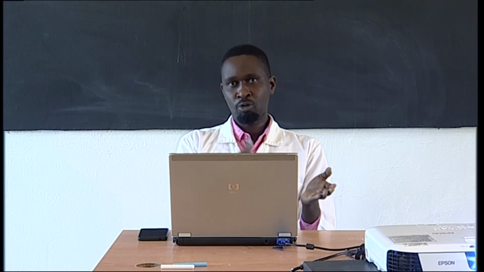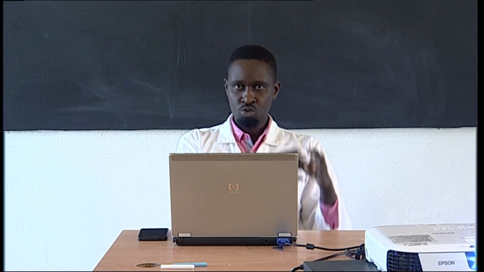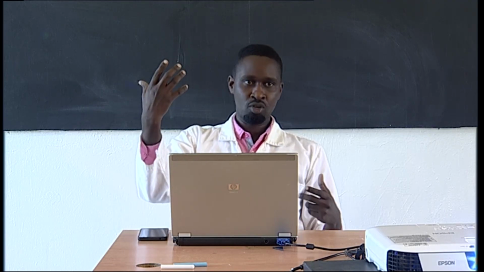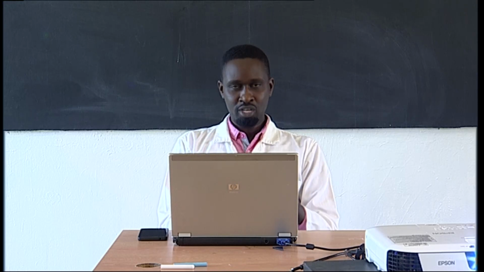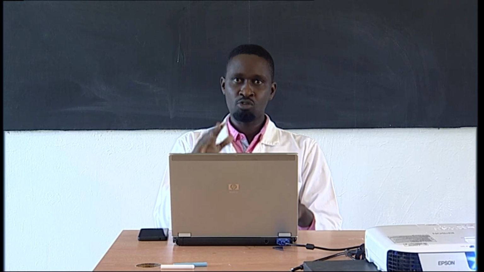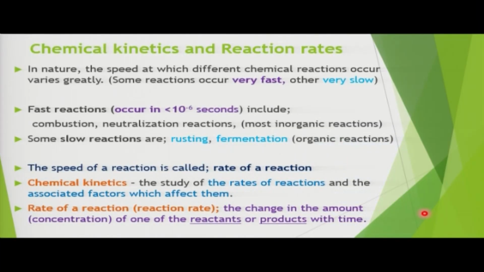As you know, for products to form, reactants reduce as products are increasing. So in detail, when we come to the study of rates, we shall be looking at the decrease in amount of reactants and the increase in amount of products. So basically, that is the background of chemical kinetics and the rates.